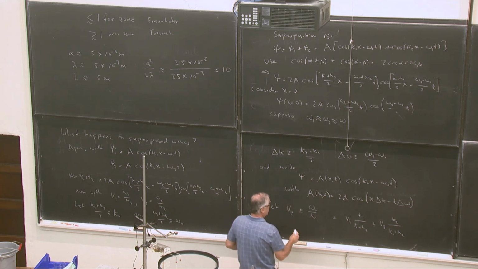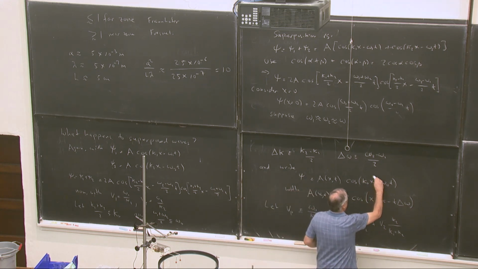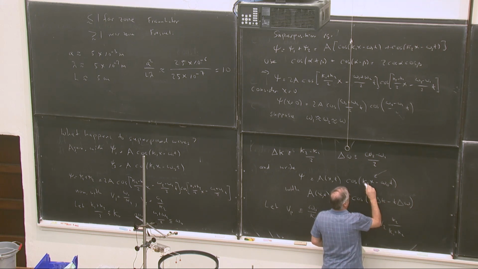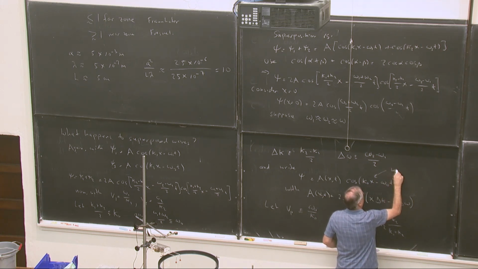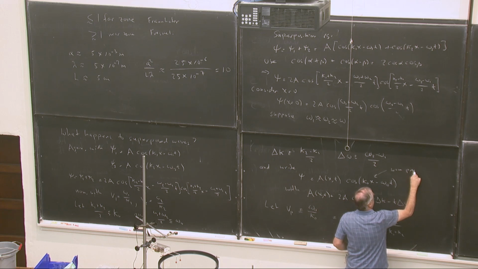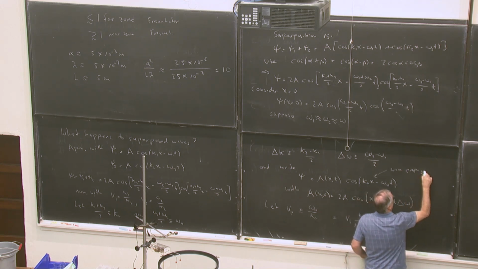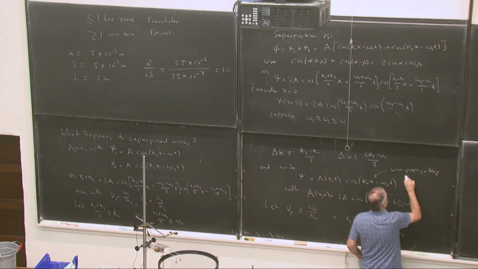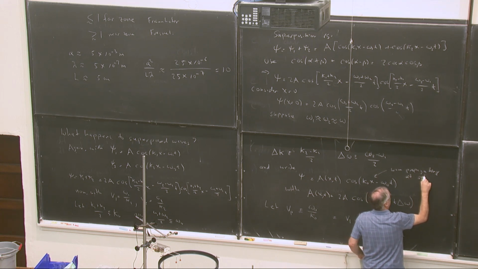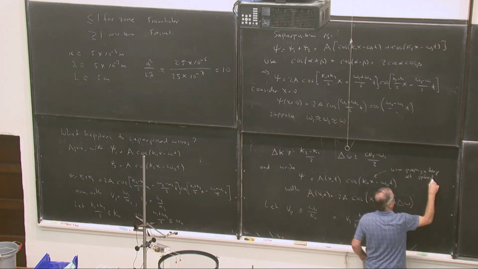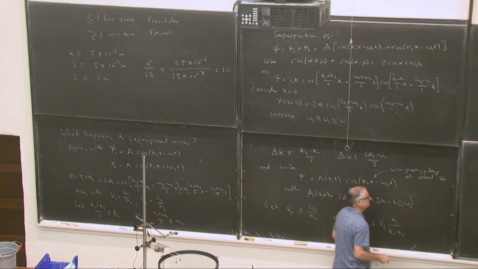And so this cosine part is a wave propagating at speed v sub p.